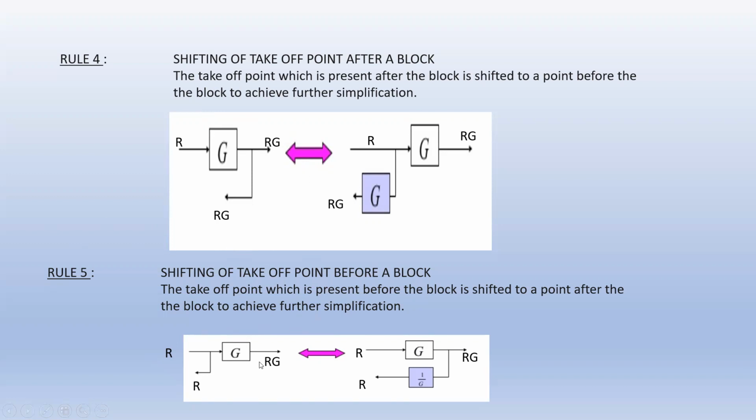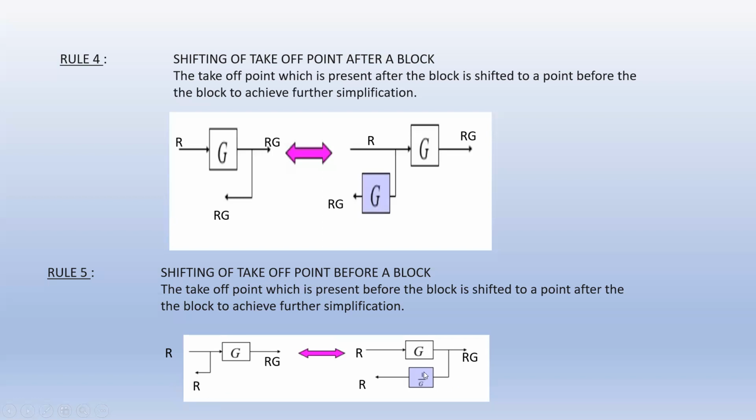This takeoff point is moved to here, and before shifting, the output being measured from this takeoff point is R, which is nothing but the input at this point. So after shifting, we have R into G as the output, but what we require is R only.